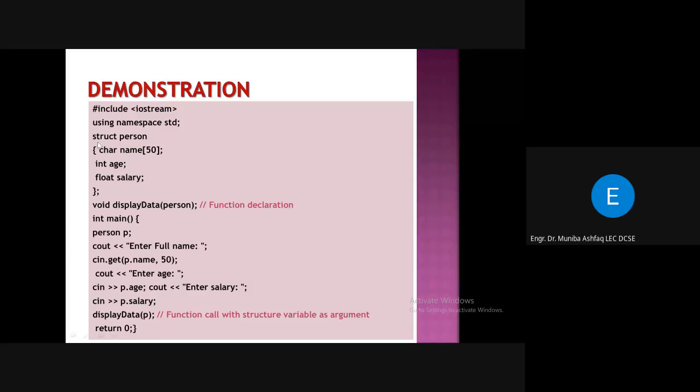We have the person structure, right? Now, when you write Hamza dot name, let's suppose, the name entered by the user will go to this Hamza profile, right? And age, and then salary, and then Faria dot name and Faria dot.